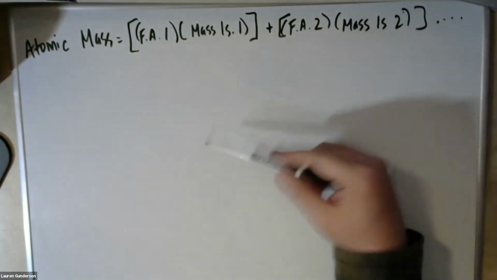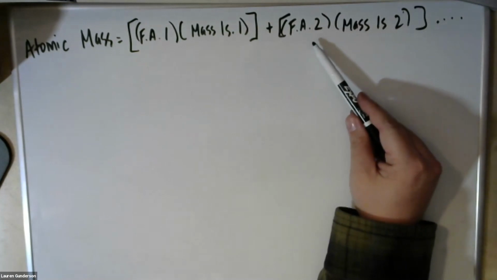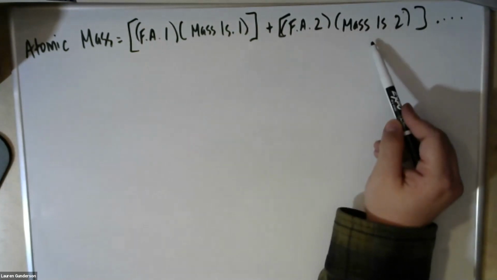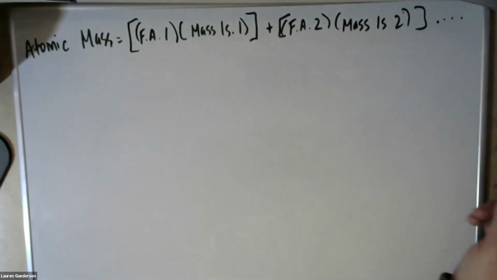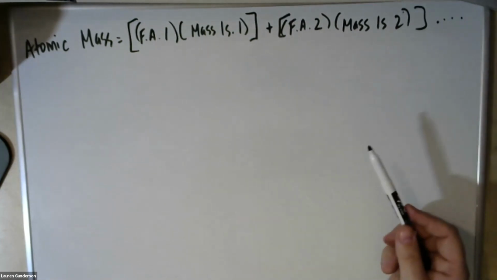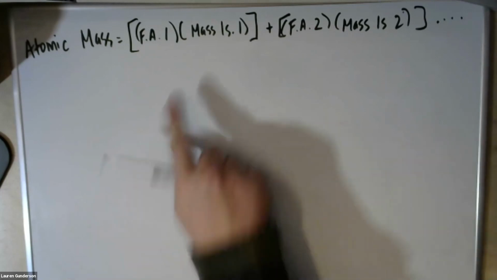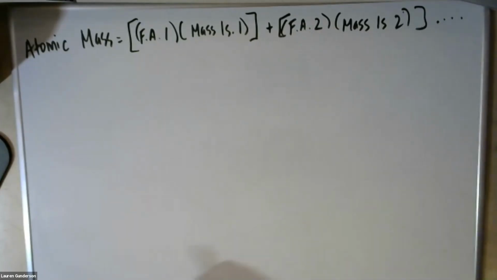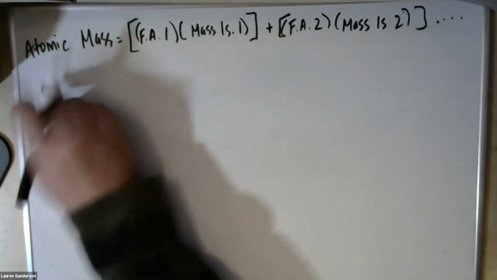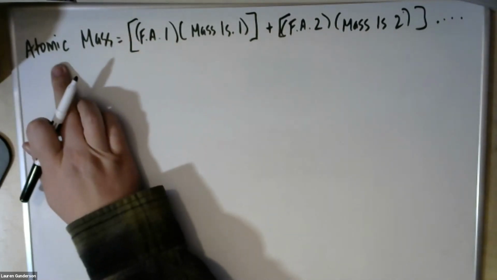We're going to take the fractional abundance of isotope 2, multiply it by the mass of isotope 2. If there are more isotopes, we would repeat that process for every isotope that's available. And then at the end, we're going to add together all of these values. And when we add those values together, what we end up with is the atomic mass.